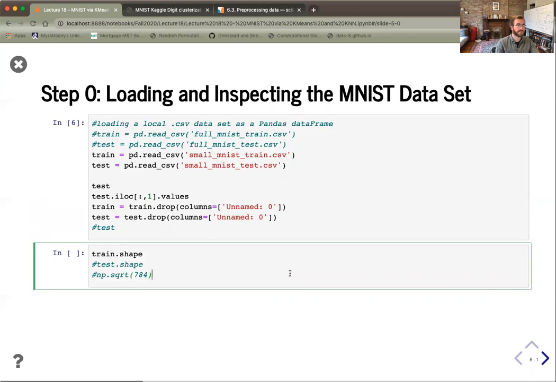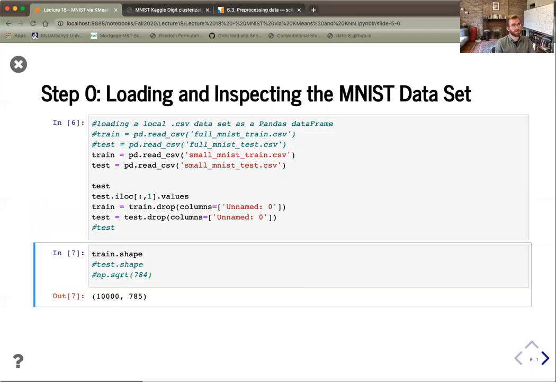And of course, you always want to ask things like, what's the shape of this data set? If we look at the training shape, we see that it's 10,000 by 785. Now, you might ask yourself, what is 785 all about? Well, if we do this calculation, we want to think of these as square images. You can see that the square root of 784 is 28.